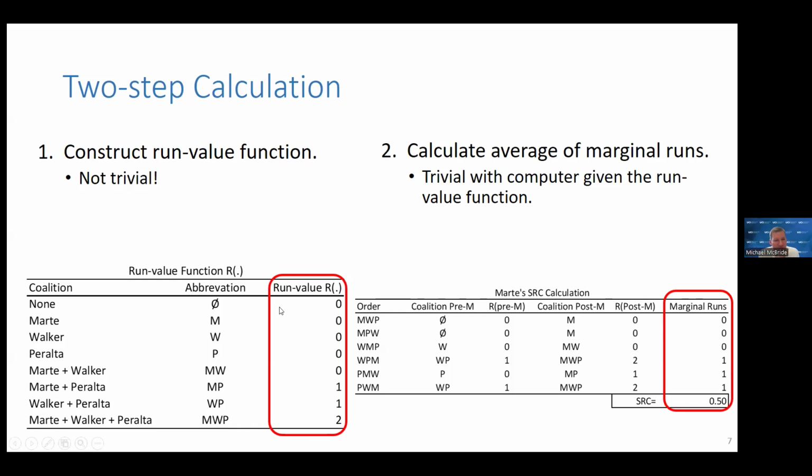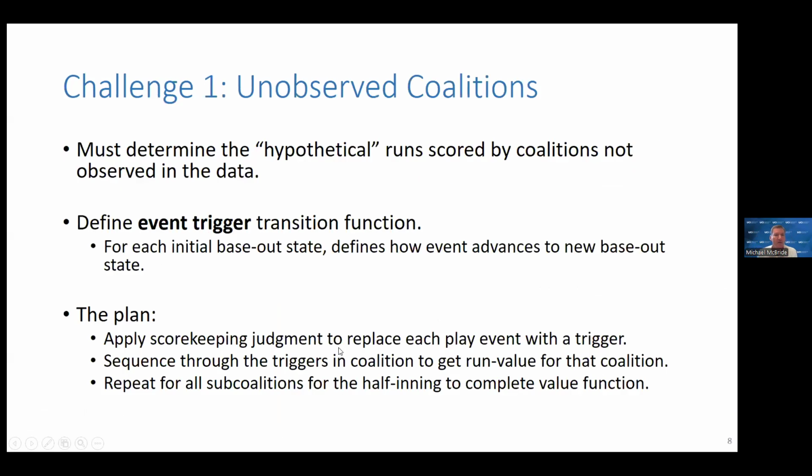But this first step, this is where all the work is, because it's not always obvious how to construct these numbers for those coalitions that were not observed in the data. So there are two big challenges that I have to overcome. The first one is, what are these hypothetical runs scored by coalitions that are not observed in the data? So conceptually, I'm going to redefine each play event.